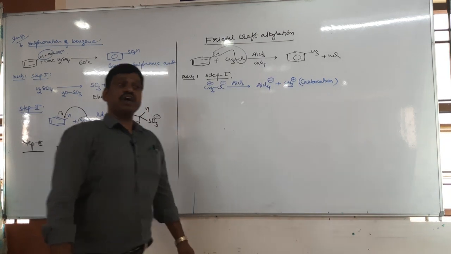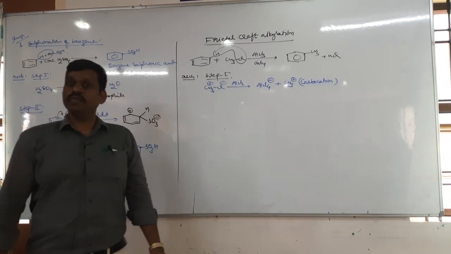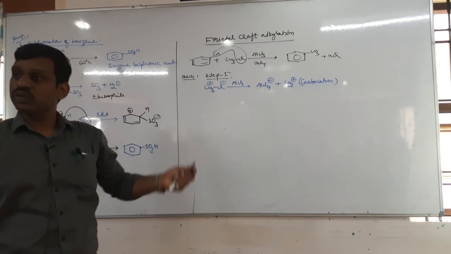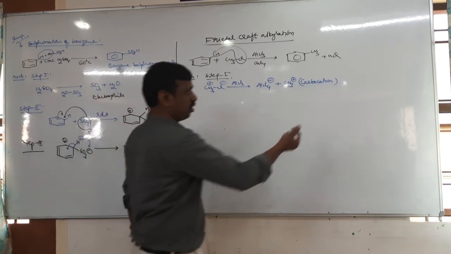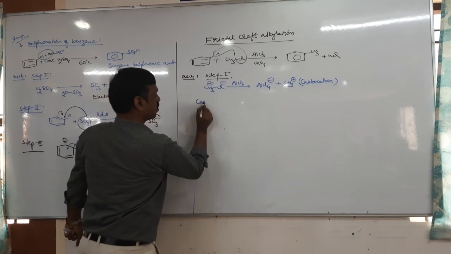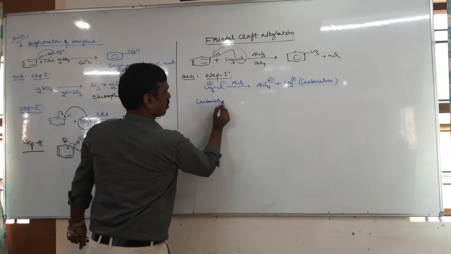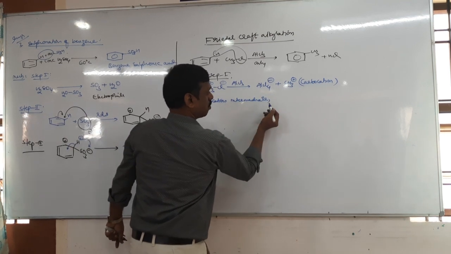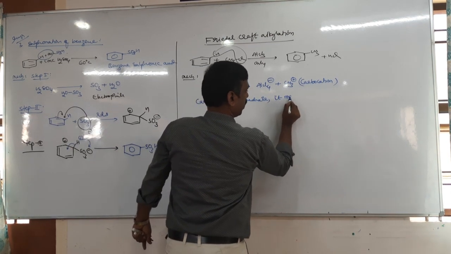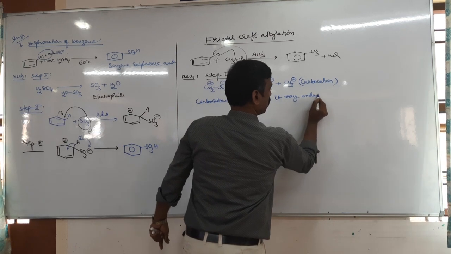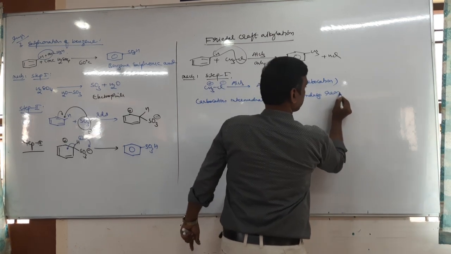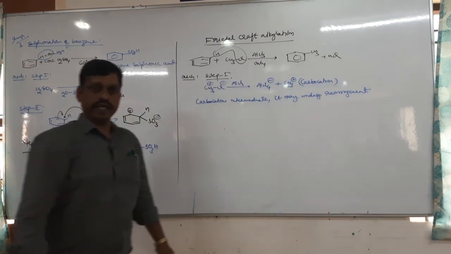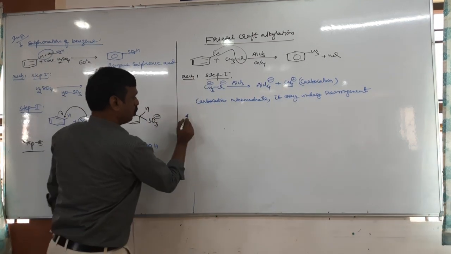See, in Friedel-Crafts alkylation, carbocation is the intermediate. So if the carbocation is formed as intermediate, it may undergo rearrangement. Okay, fine.